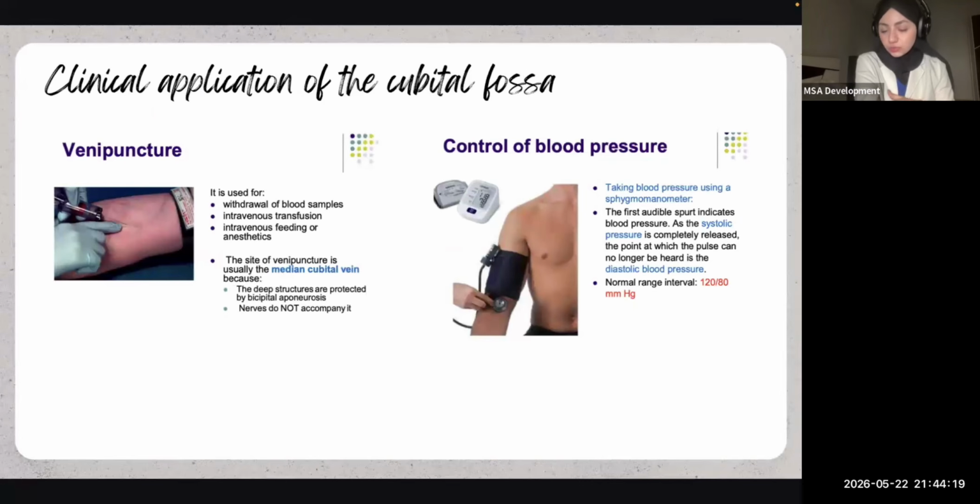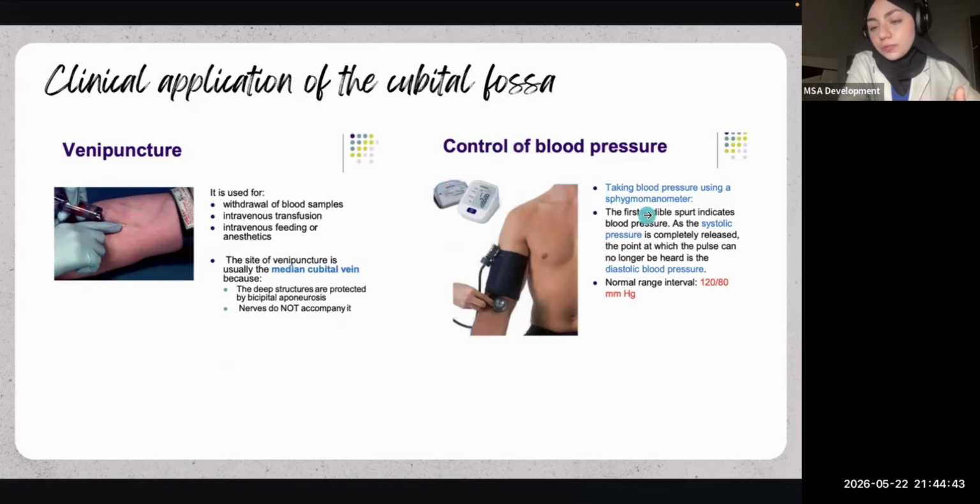We can access this right here, the medial cubital vein. And again, remember that it's above the bicipital aponeurosis, which means that we won't be able to puncture the neurovascular structures easily. So look how she's going with the needle, and we're not worried about the nerves and the arteries because there's the bicipital aponeurosis covering them. And more superficial to them is the median cubital vein.